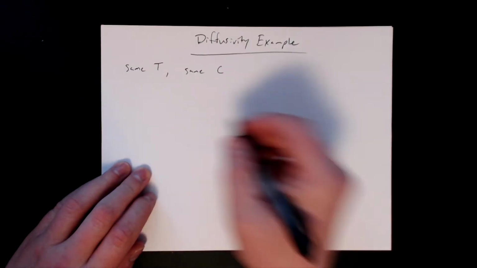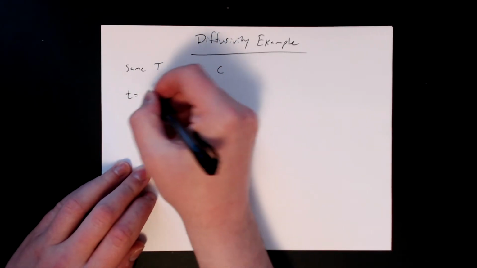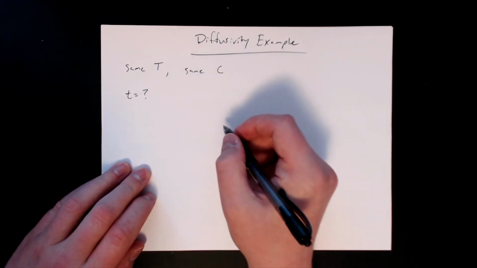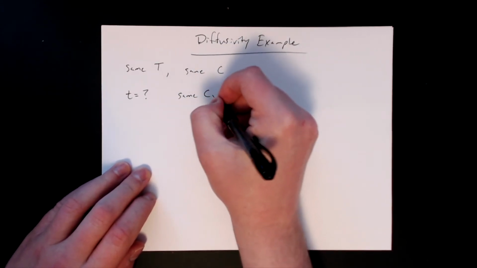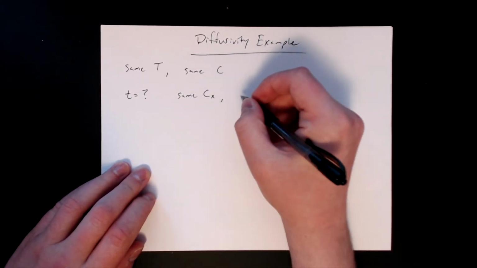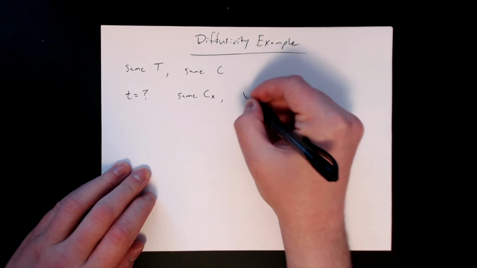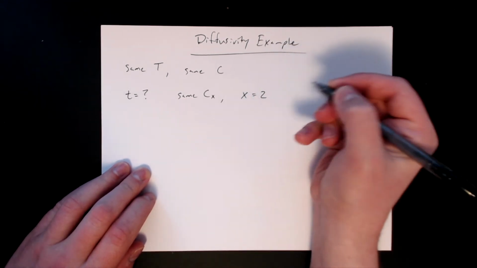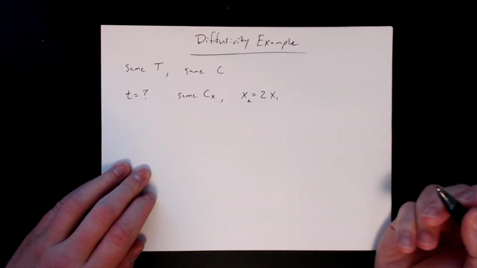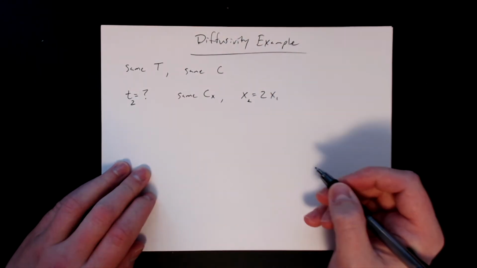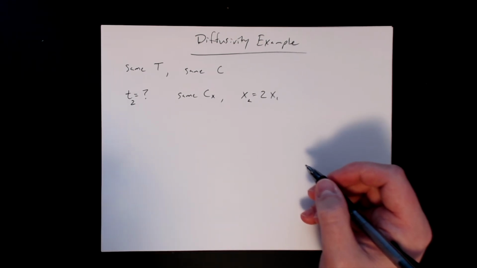Both of those were desired, and we're wanting to know the time it took again to reach the same concentration, Cx, right? But now the depth, so the x value, is 2 times that x value before. So we'll call this 2, and we'll call this T2, just to keep this straight.